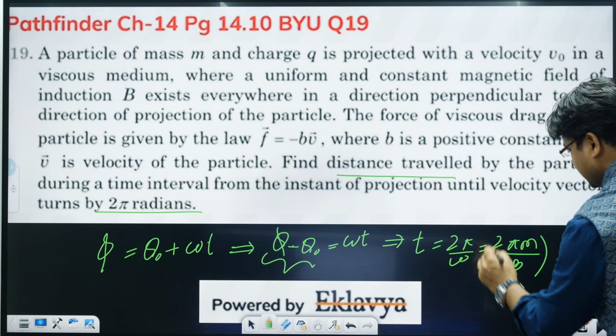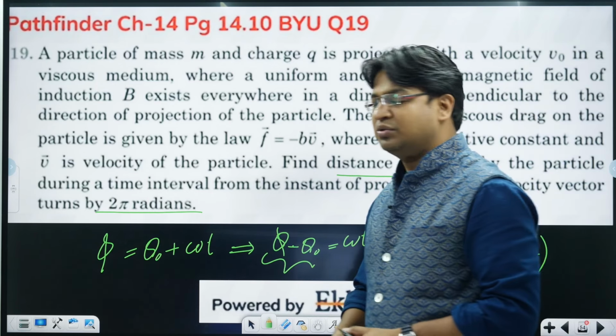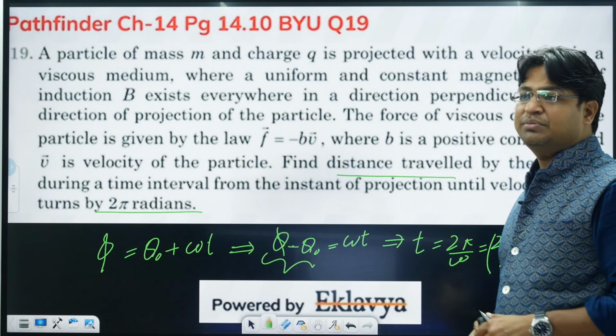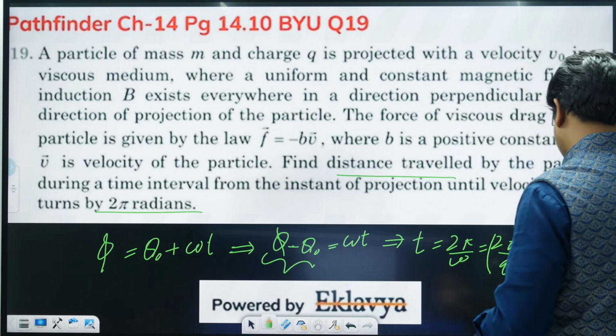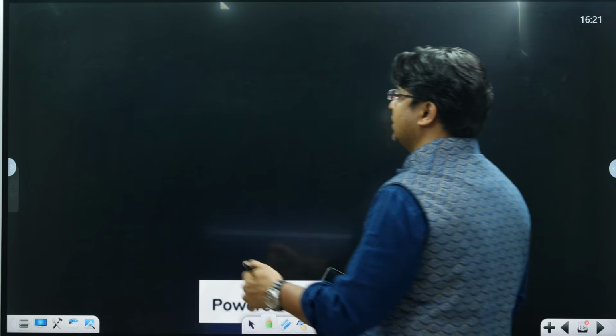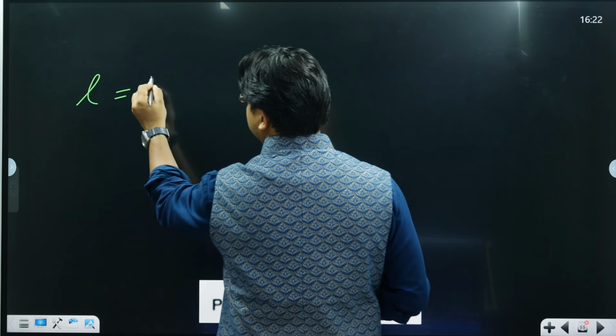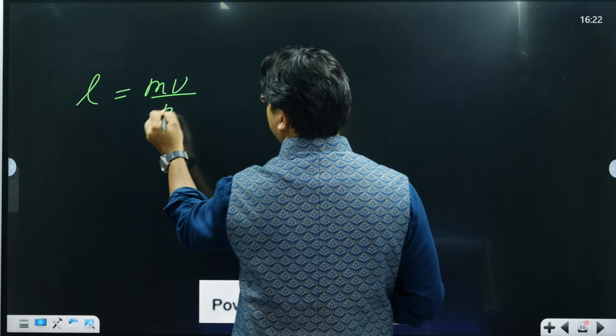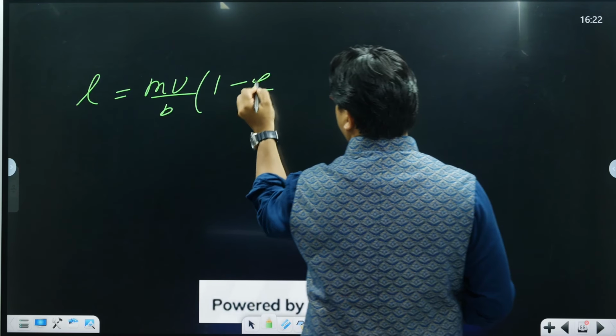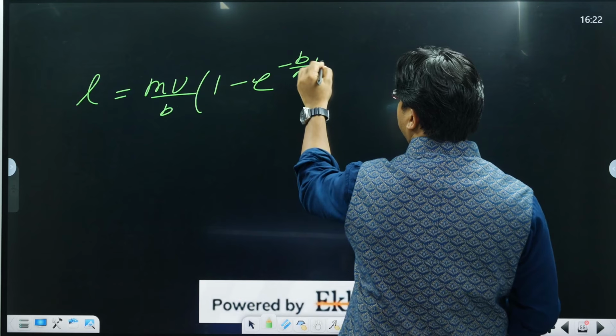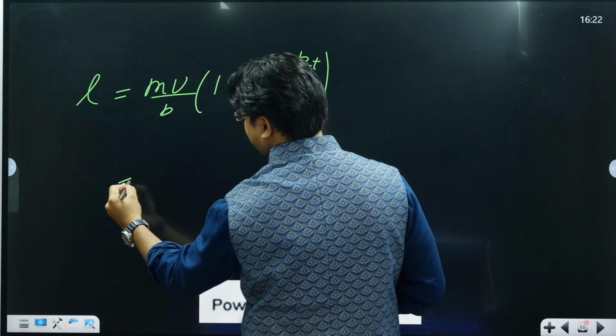Now in this time, what is the distance covered? That is what we want to know, and we did write a relationship between distance covered and time. What was that relationship? The relationship was that distance covered is m into u into b, and then 1 minus e raised to power minus b by m into t. Just put the value of t here and you got the answer.